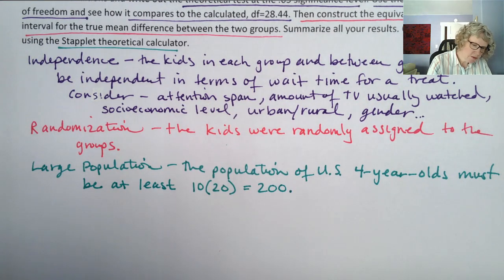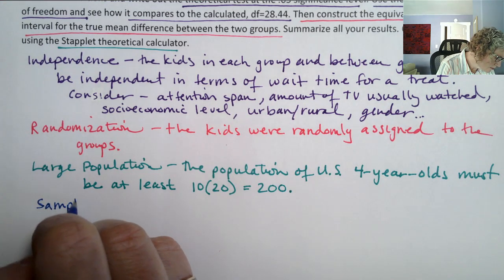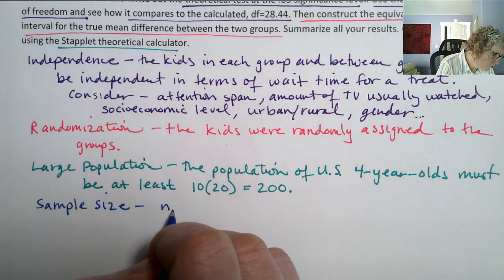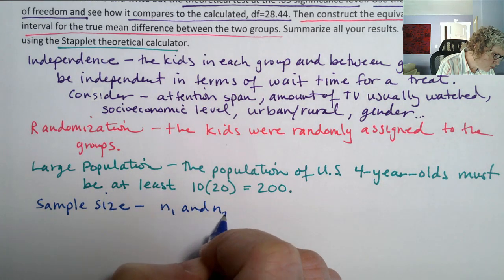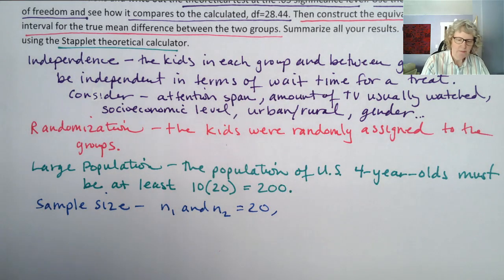Okay, last one, sample size. So n1 and n2 are equal to 20. So I don't know that this population would be normally distributed, because you can have a wait time of 0.